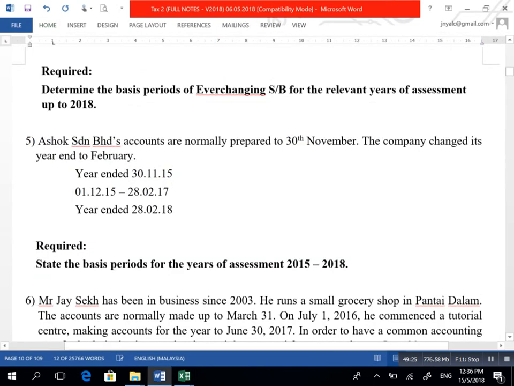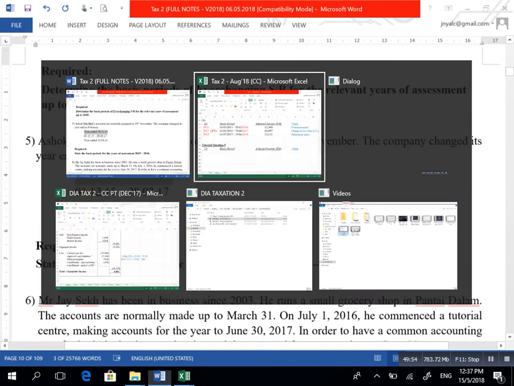And now the company changes the year end to February. So the first account shown here is the year ended November 2015. By the way, class, this question does not have an adjusted income, right? Alright, then you don't need to calculate the adjusted income. So you just need to determine the year of assessment, the basis period, and also what rules apply here.